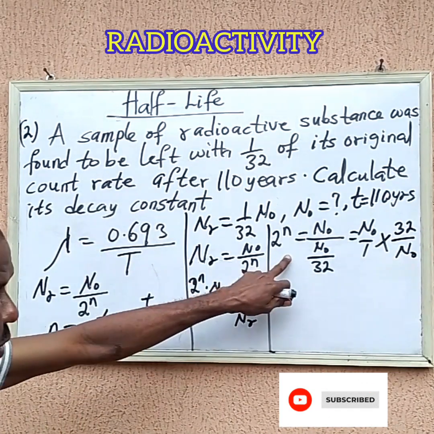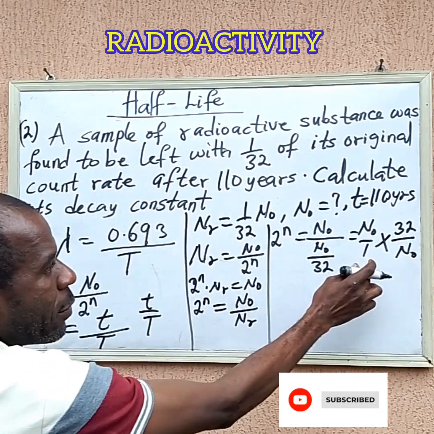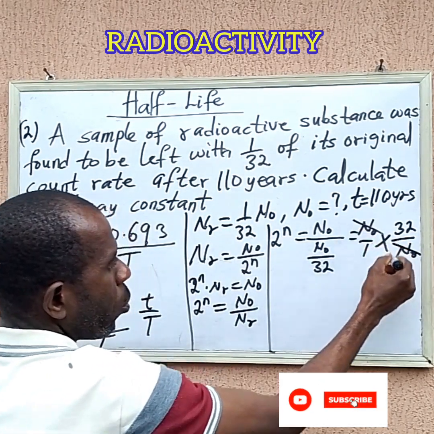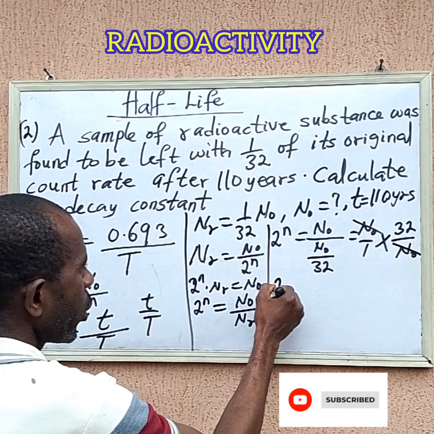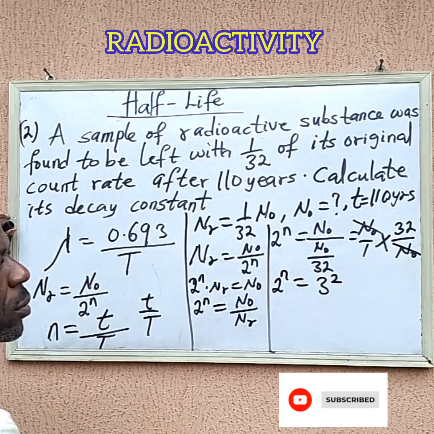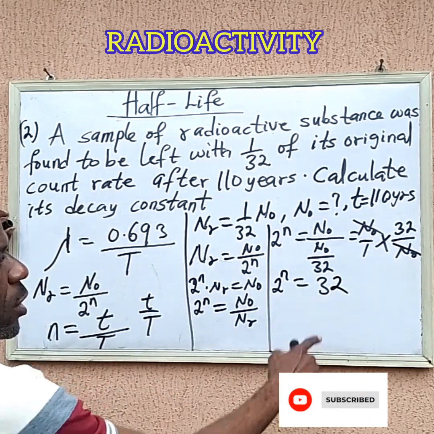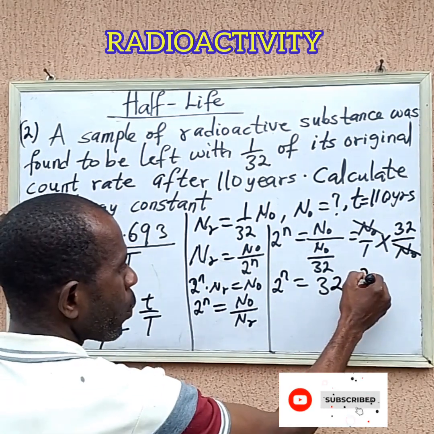I skipped one step, but when you transform this, the N naught cancels out, so that we have 2 raised to power n equal to 32. Now we can express this 32 as 2 raised to power 5.